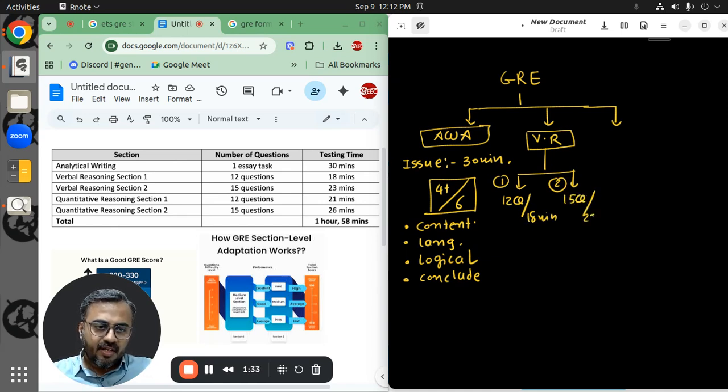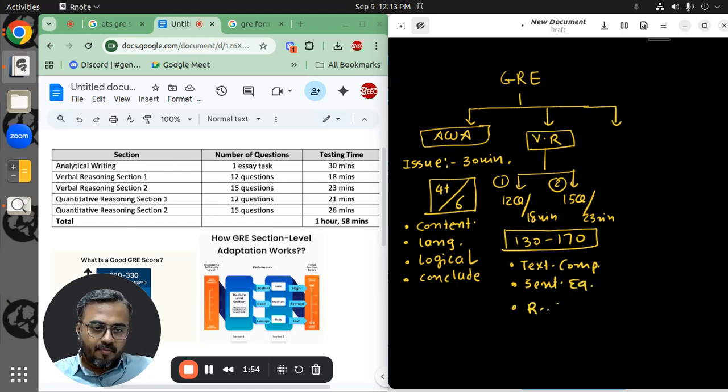You have 23 minutes to answer it. Scale score of verbal section is 130 to 170. Both the sections will consist of text completion, sentence equivalence, and reading comprehension question types.